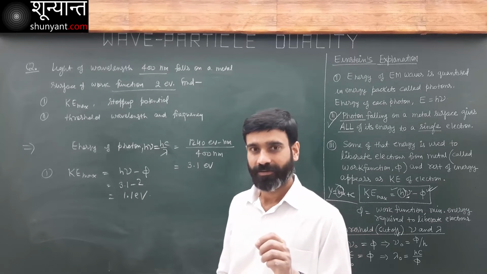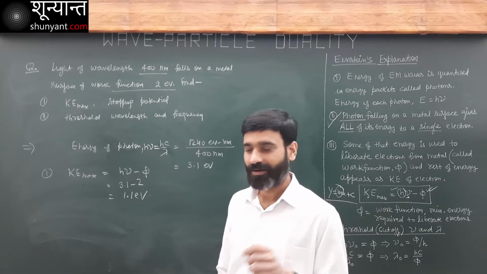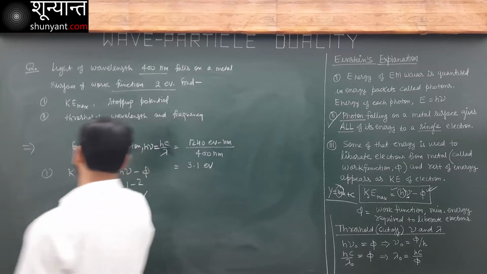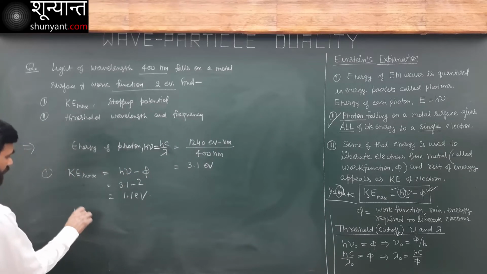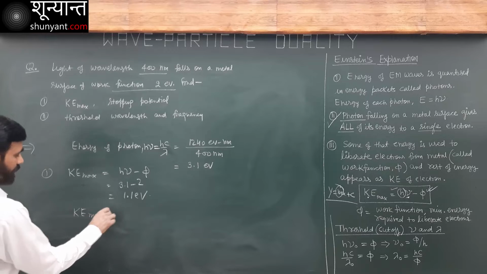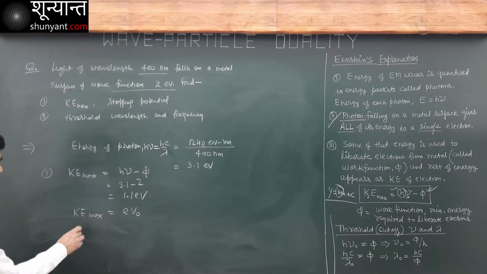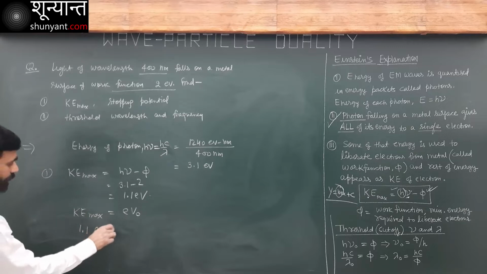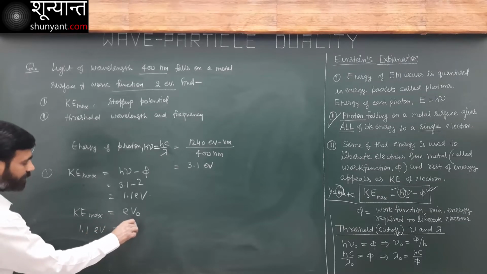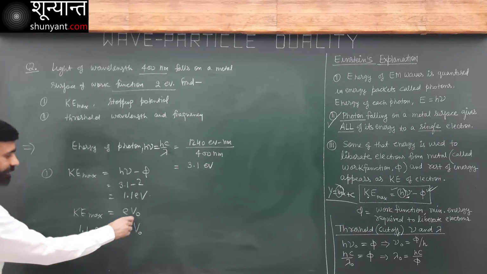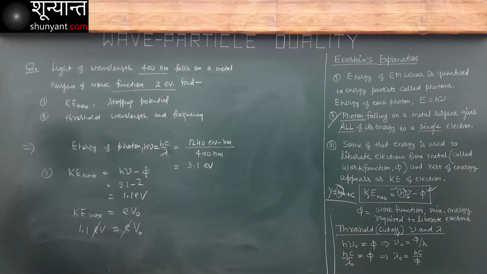Now, what stopping potential is required to stop it? Here, maximum kinetic energy is equal to e times V naught, the stopping potential. So 1.1 electron volt is equal to e times V naught. e gets cancelled by e. That's how we do it.